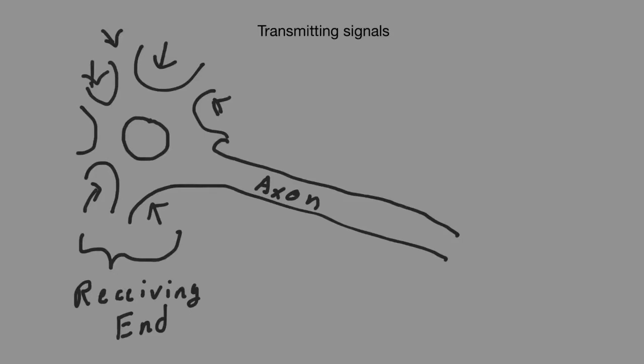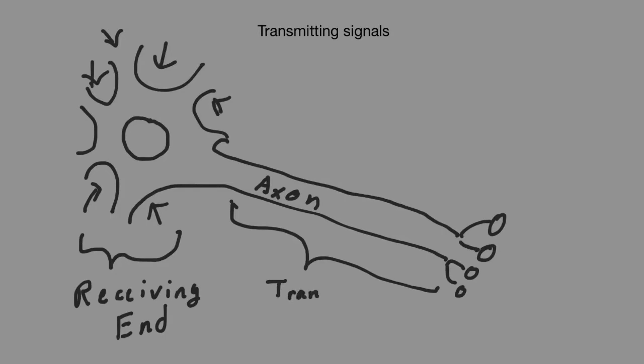So right here, all the way down to these kind of axon terminals, this is where transmission happens. Okay, so information comes in on the cell body and the dendrites and goes out the axon.